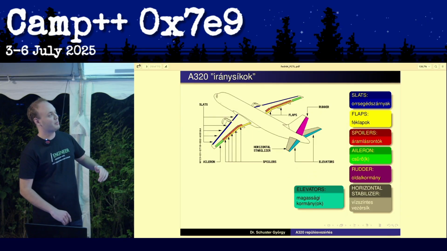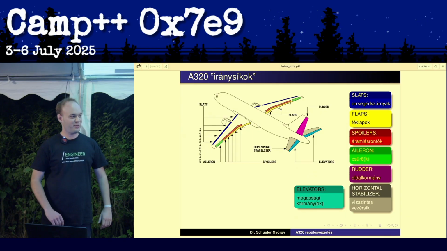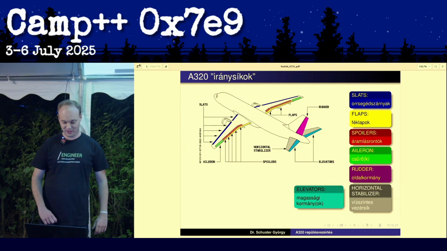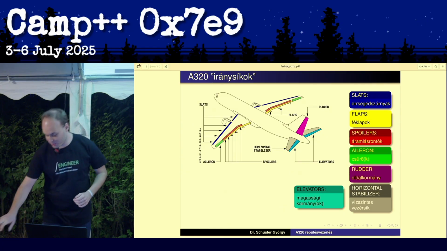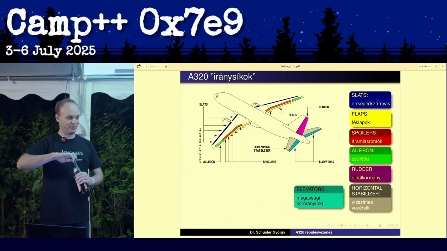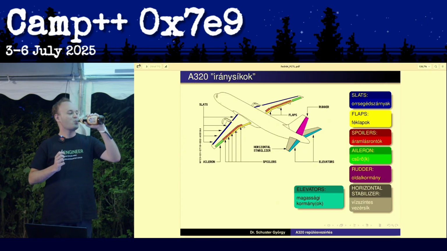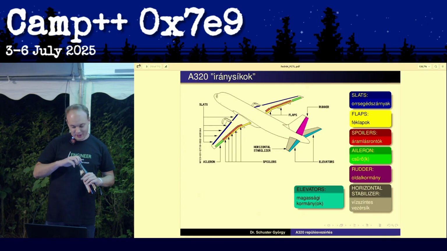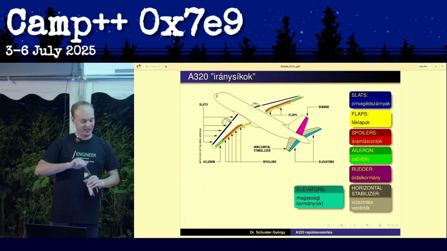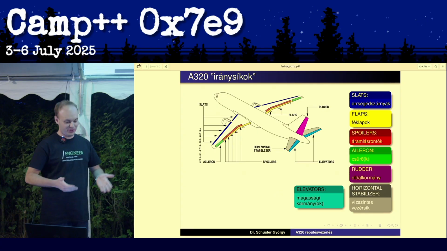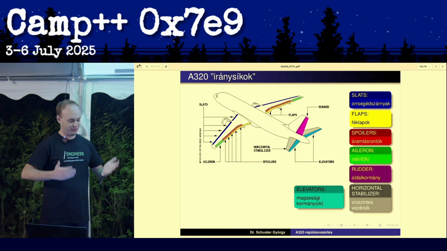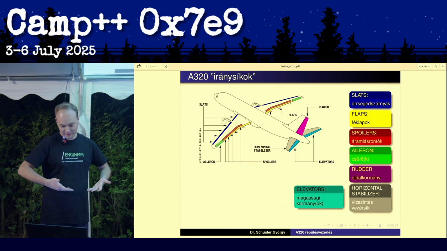So, well, probably a lot of you are still confused about how it actually all works together. So let's go back a little bit to the basics again. How do you keep an aircraft in the air? Basically, first of all, of course, you have the main wings that support the weight of the hull.